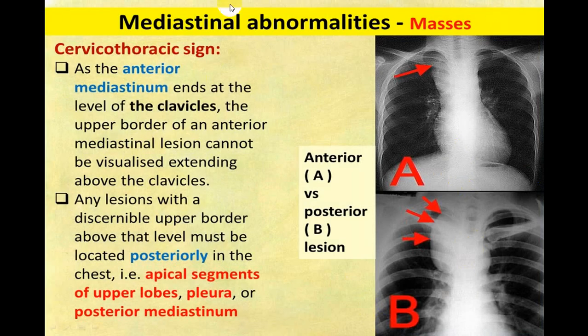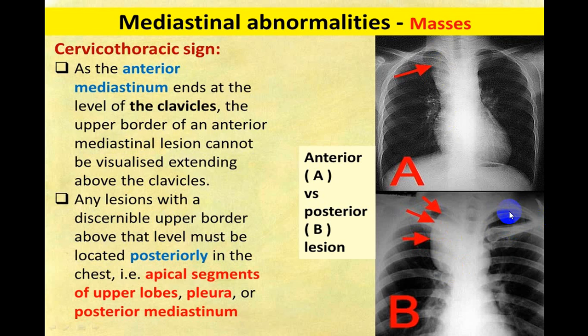Now this is one typical sign we call the cervicothoracic sign, which you come across in a person who gets a mediastinal shadow. Normally if it is in the superior mediastinum, this opacity should not extend above the clavicle. So if you see a shadow, you can see clearly here, there is an opacity here. This is the clavicle.